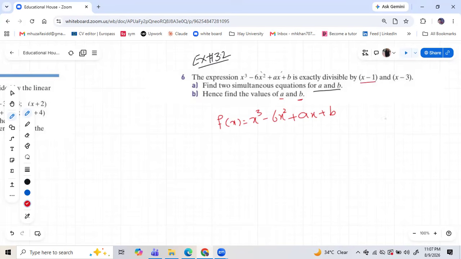So as you know, we set x minus 1 equal to 0, and moving to the other side, x is equal to 1. So x is equal to 1, and this is divisible. That's why I'm putting f of 1.